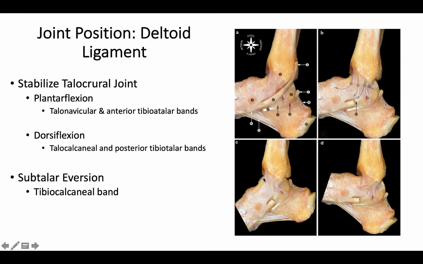And in plantar flexion, we see bottom left here that the tibio-navicular band and the anterior tibio-talar band are taut, stabilizing the talocrural joint. And then here in bottom right, we see in dorsiflexion that the posterior tibio-talar band and then the tibiocalcaneal band are taut.